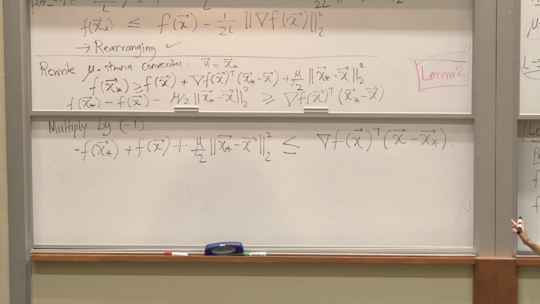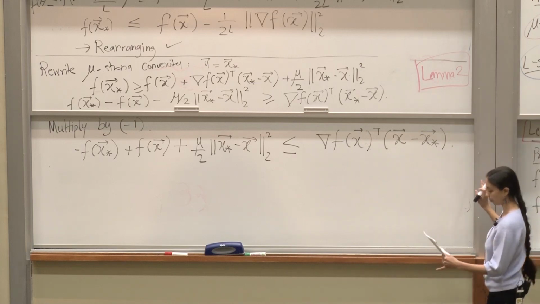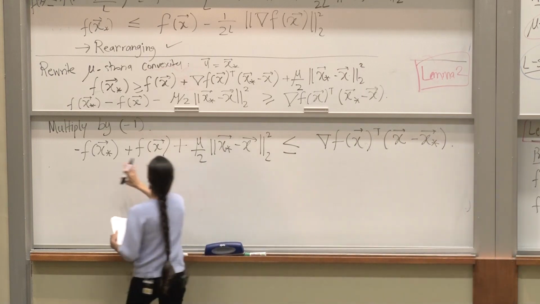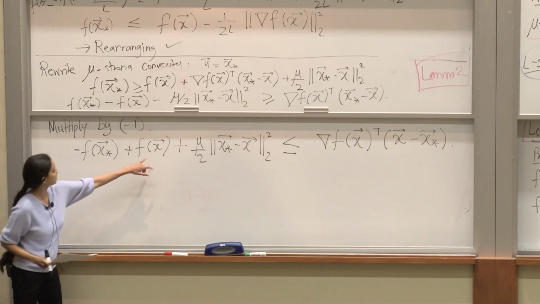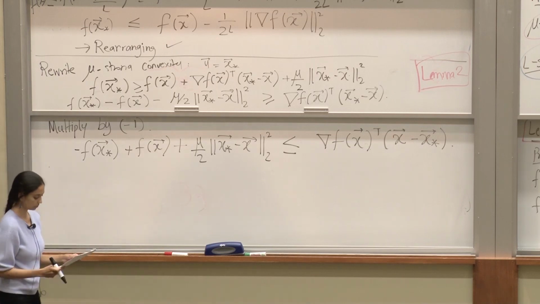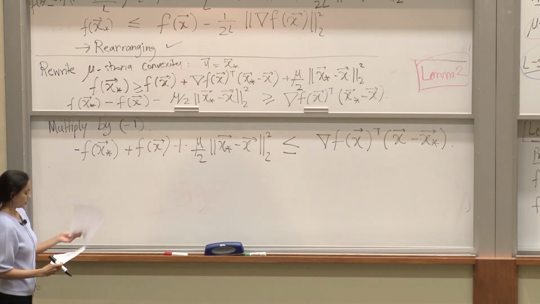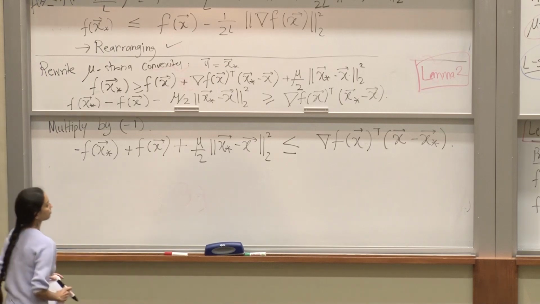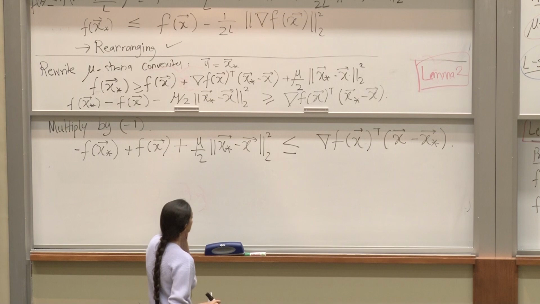Yes? So this is the form that I want to use it in. This thing is greater than this, so I want a plus here. This is a negative term, this has a positive. Okay, good. Let's just keep this up here.